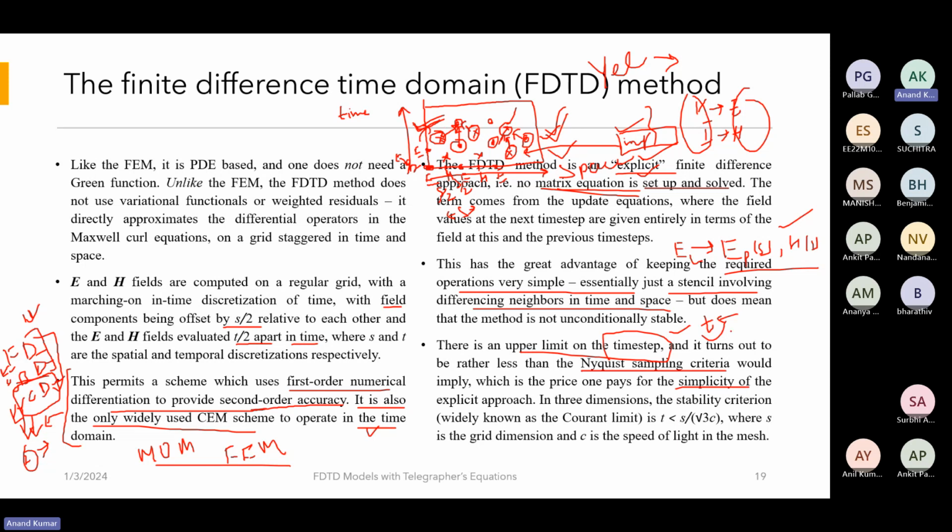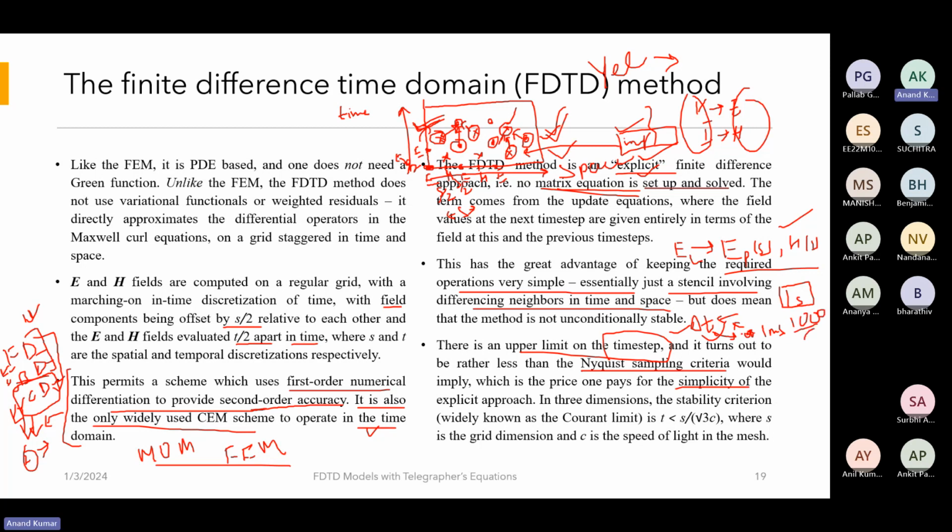For example, say your simulation time for which you want to simulate a structure is 1 second, but your structure limits you to keeping this delta t to be at most 1 millisecond. Then you will have to solve for 1,000 steps, which is a lot of steps.